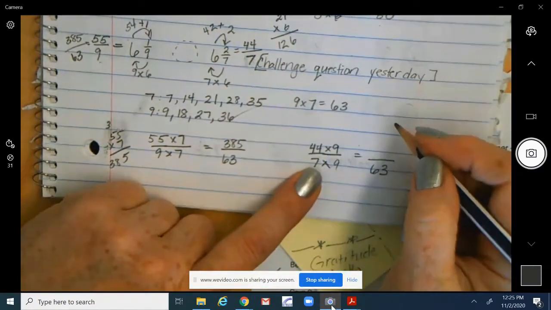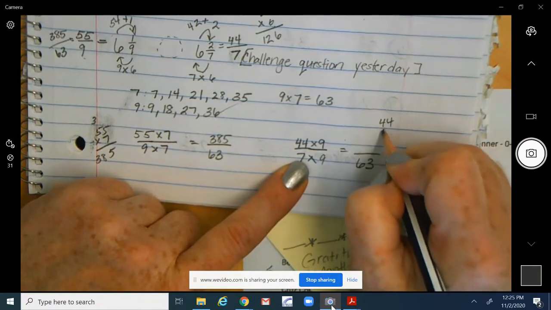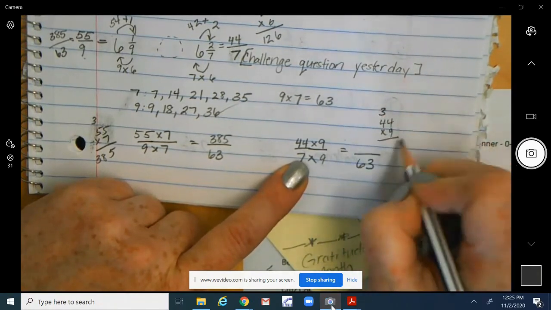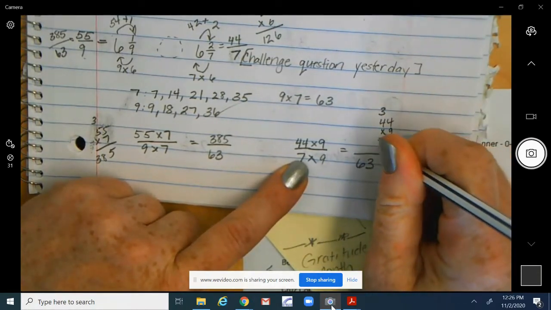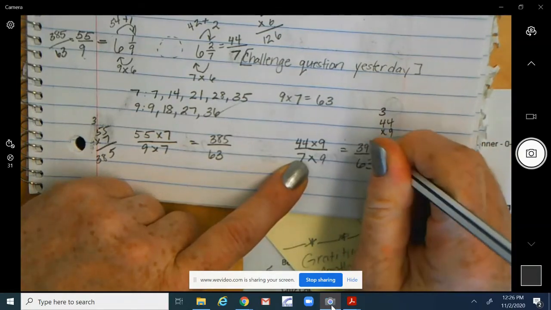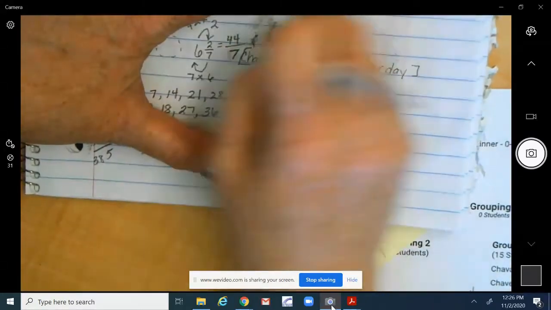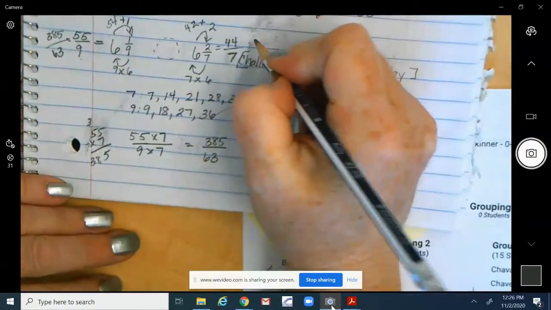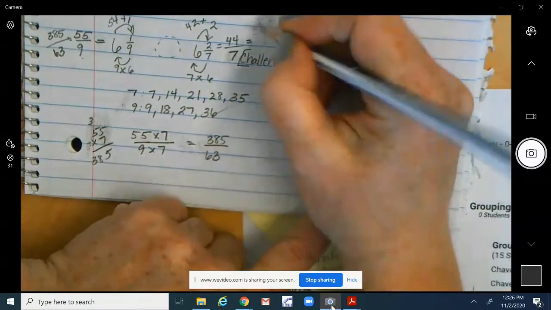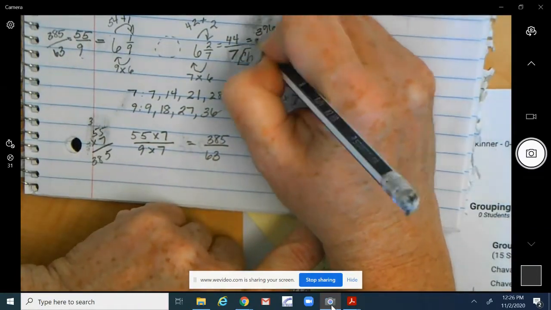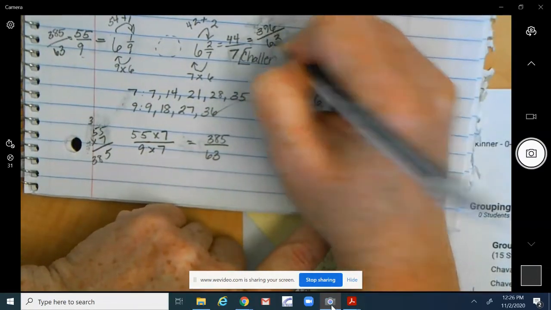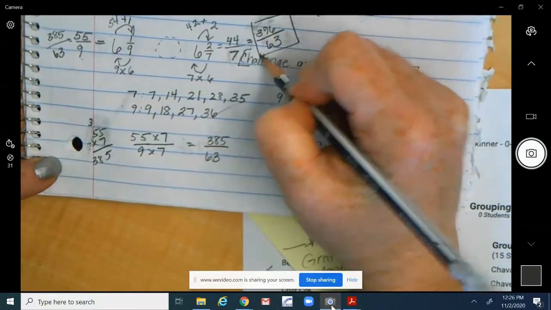And on this side, I have 44 times 9. 4 times 9 is 36. I have 396. Wow, I got too much stuff in the way. So 44/7 becomes 396/63.